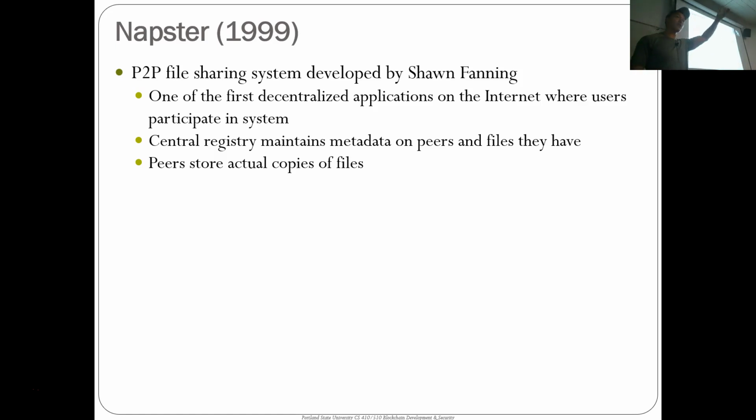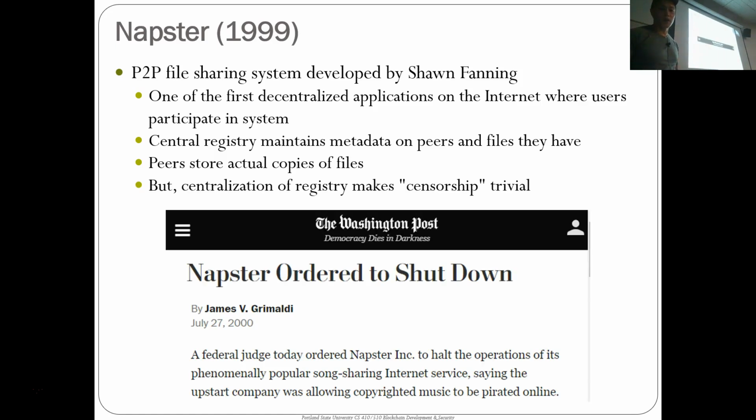And then the central server has this directory of files, and when clients search for a file, they ask the central registry to find the client who has that file, and then the exchange itself goes peer-to-peer. Clients directly connect with each other. So the peers are actually storing copies of the files.